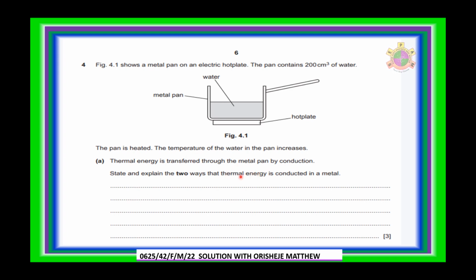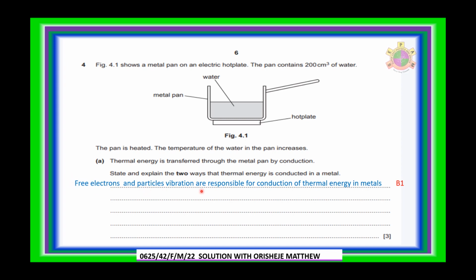So what is it? Free electrons and particle vibration. So the 2 ways are the movement of free electrons and then particle vibration. These are the 2 ways responsible for the transfer of energy.